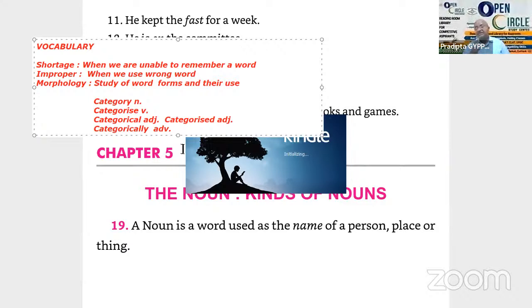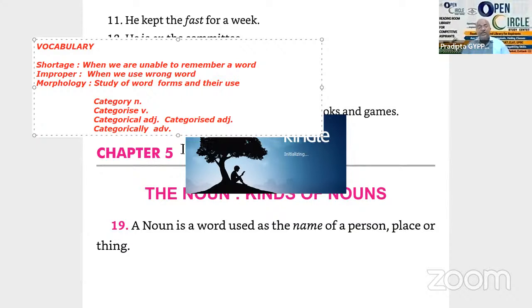Whether it is science, mathematics, social studies, English, Odia, whatever, you will have to grab the fundamentals of everything. Morphology is a fundamental area. So अगर हमारी vocabulary problem रहती है तो इस तरह रहती है.